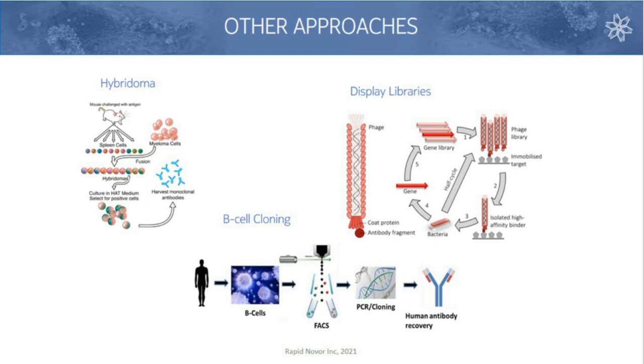And of course, people are consistently using approaches like B-cell cloning as well, taking a patient of interest, sequencing those individual B cells, or doing a FACS sorting and cloning those monoclonal antibody sequences and then using those for their purpose of interest.